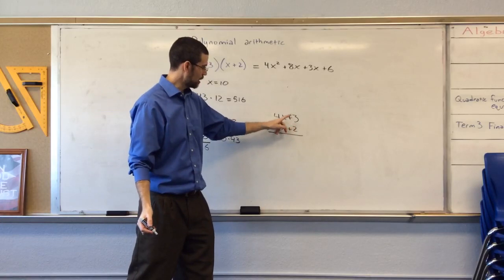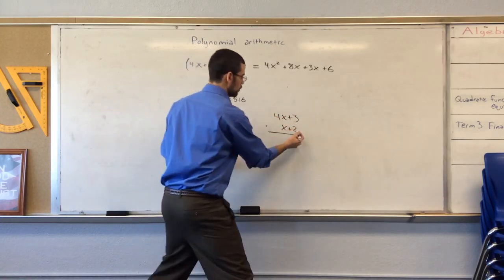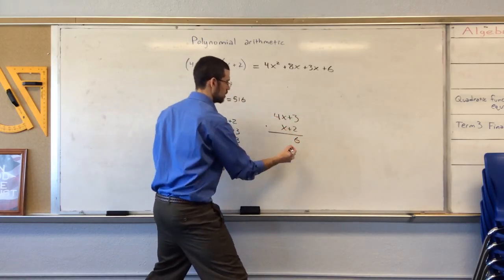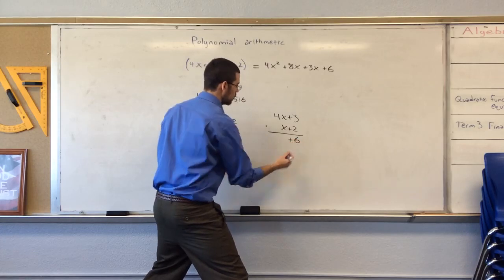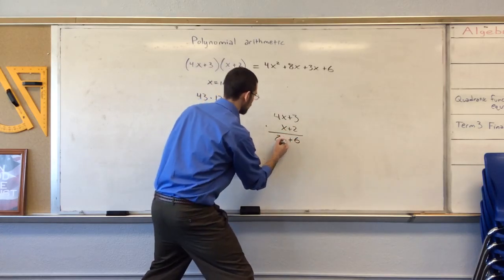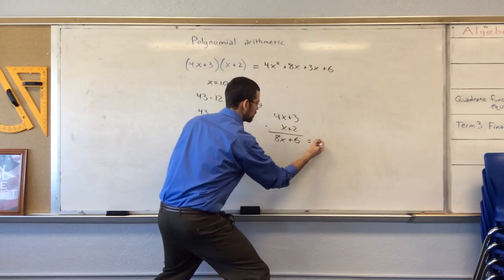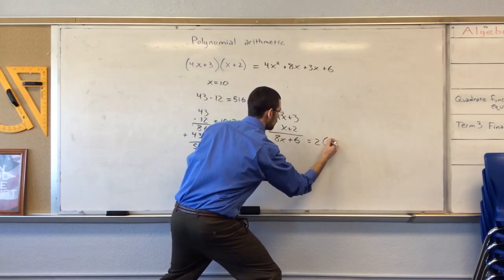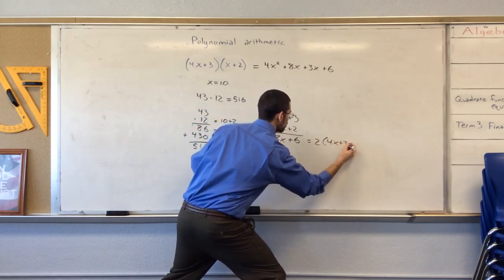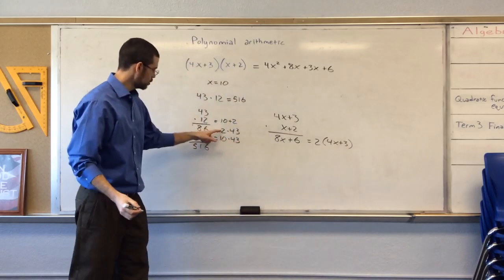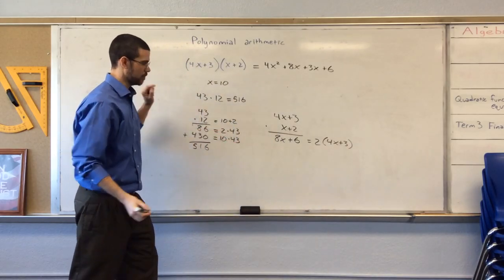So 2 times 4x plus 3. 2 times 3 is 6. 2 times 4x is 8x. That expression is 2 times 4x plus 3, just like this one was 2 times 43.